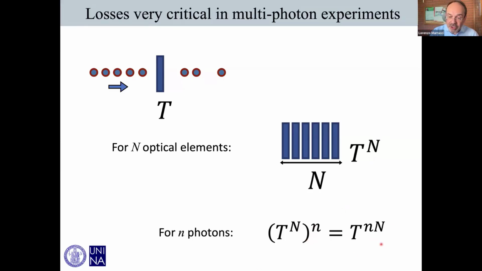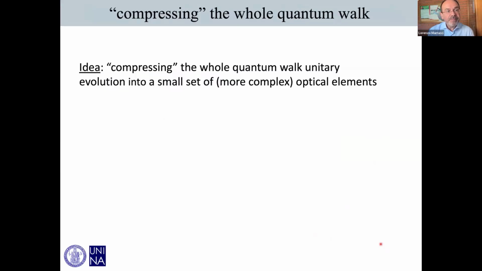So it scales exponentially both in the number of optical elements and in the number of photons. So even if t is relatively large, this goes to 0 very quickly. And it's very hard to do experiments with multiple photons.